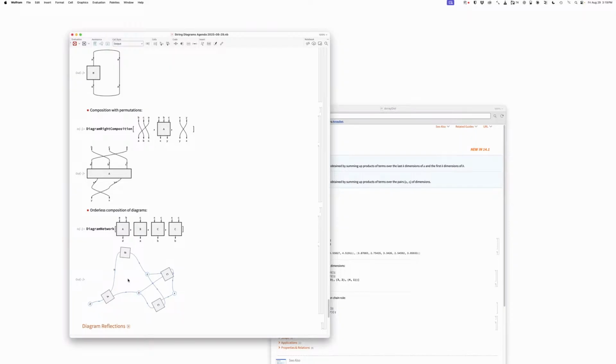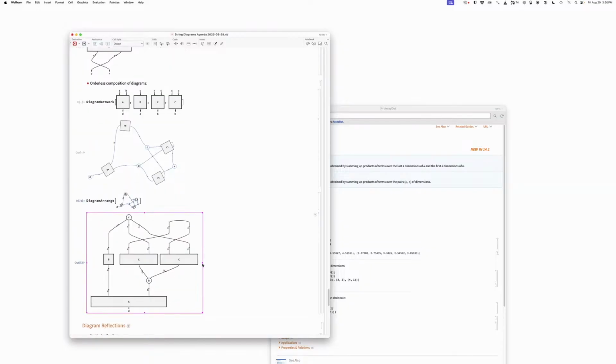You can convert back and forth. You can turn this into the grid-like monoidal composition. I didn't have an example of this, but do diagram arrange. This turned it into a bunch of horizontal and vertical compositions in a non-unique way, introducing caps.